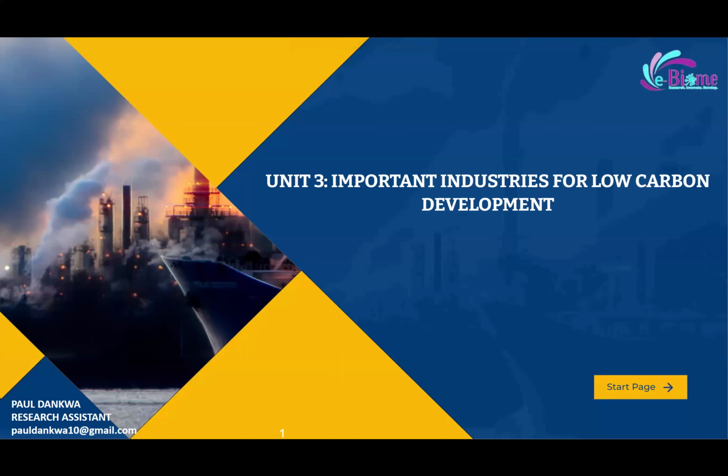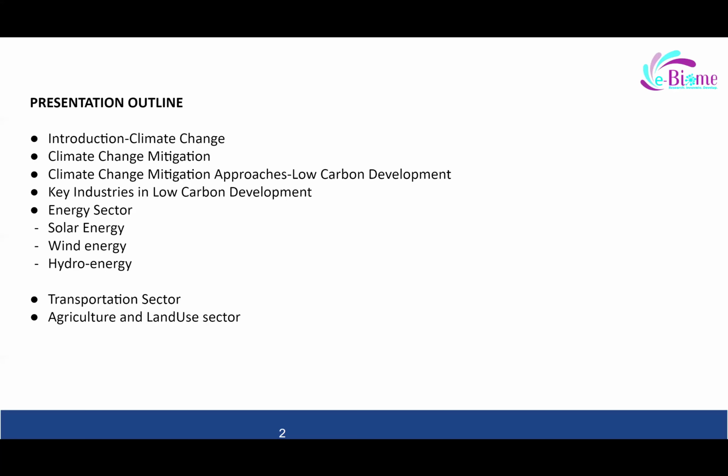All right, so we've come to Unit 3, Important Industries for Low Carbon Development. This is an add-up to my previous presentation on climate change mitigation, where we looked at strategies for low carbon development. Specifically, we are looking at the industries in the world today that are producing low carbon technology and also contributing to low carbon human activities.